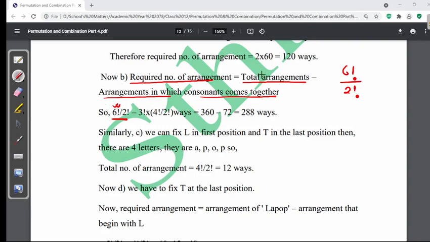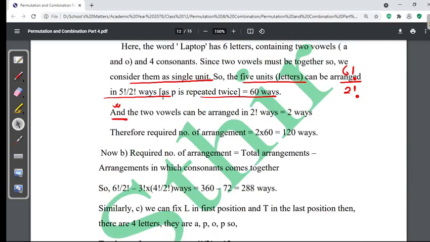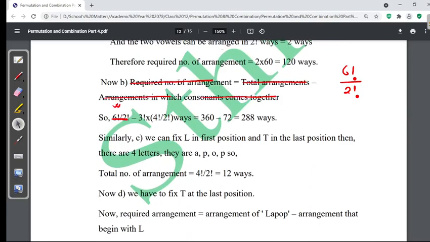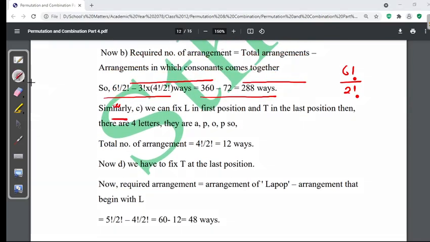But what are the consonants? The word is LAPTOP. Two are vowels, and L, P, T, P are the consonants. Now we have to arrange the consonants coming together.